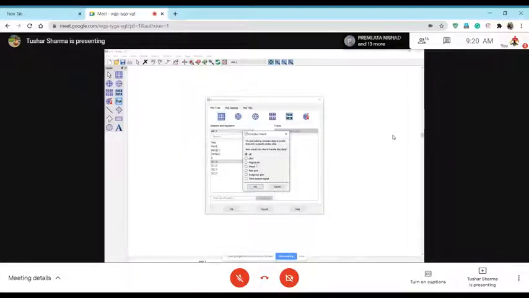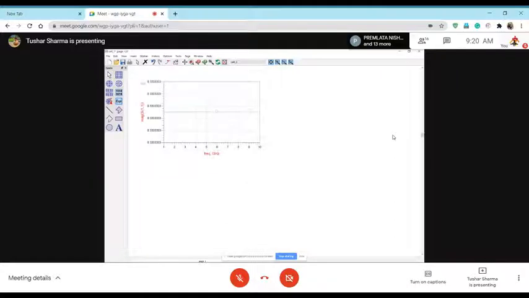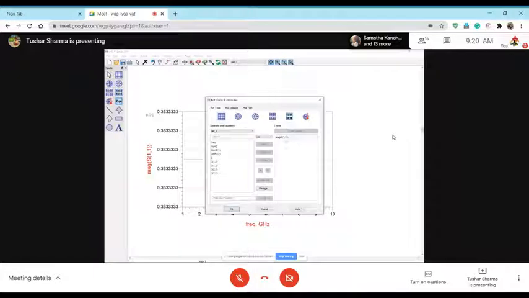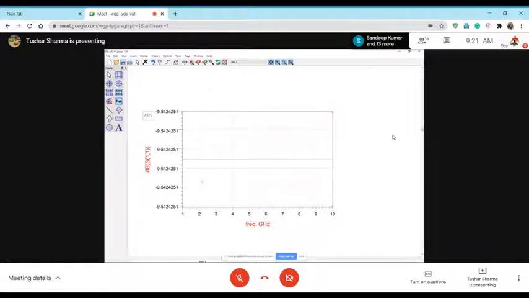Let me first plot it in magnitude. You see some value here, 0.3 for example, right? Usually when we talk about all these parameters, we always use the dB scale because that's the standard that has been set, and it gives us a measure of what sort of reflection I am having.